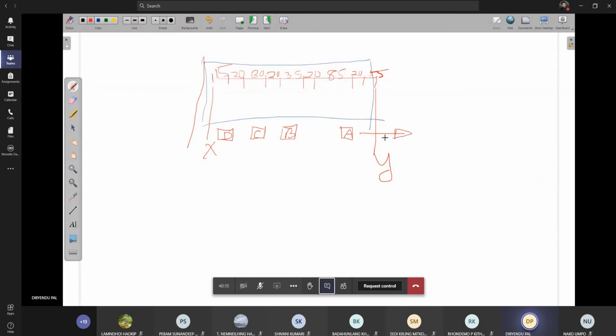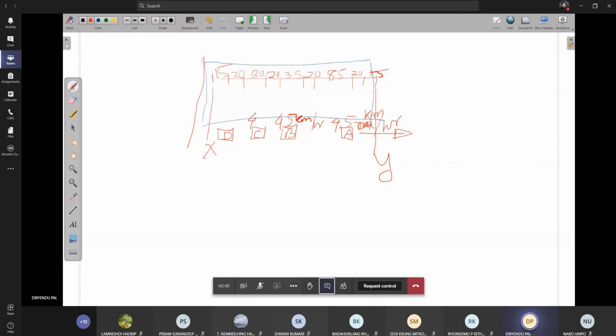Vehicles are moving in this direction. This is 45 mile per hour, or we can take it as kilometer per hour. Okay, no problem, 45 kilometer per hour, and this is also 45 kilometer per hour.